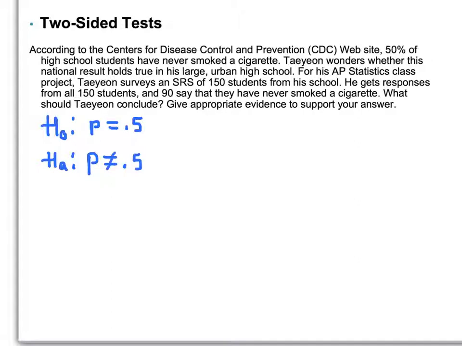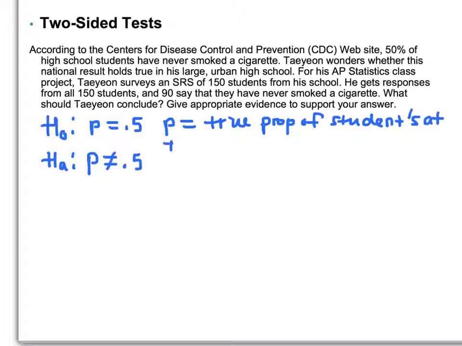Okay, we need to clearly state what our variable of interest is. So p is the true proportion of students at Taeyeon's high school who have never smoked a cigarette.